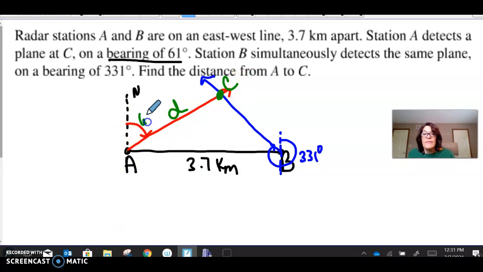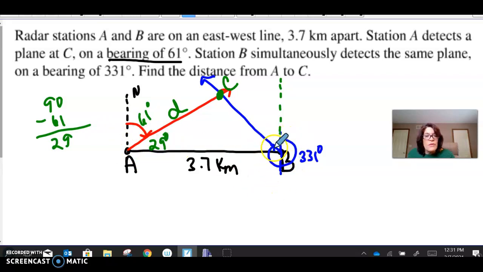Well, let's see. If this is 61 degrees, then what's left over would be 90 minus 61. I'm on the east-west line, and on the north, that's a 90-degree angle right here. So this is 29 degrees.